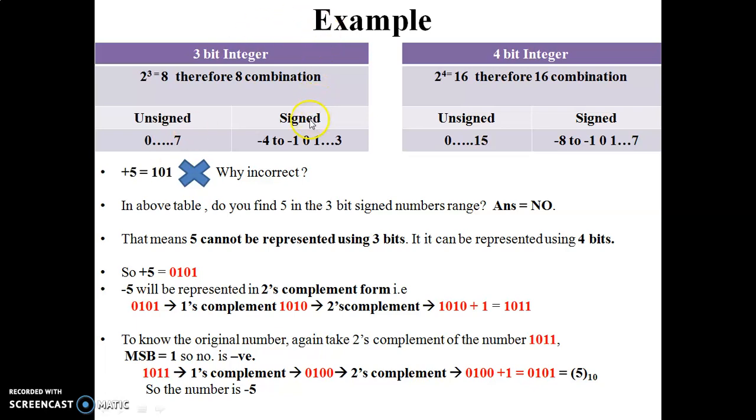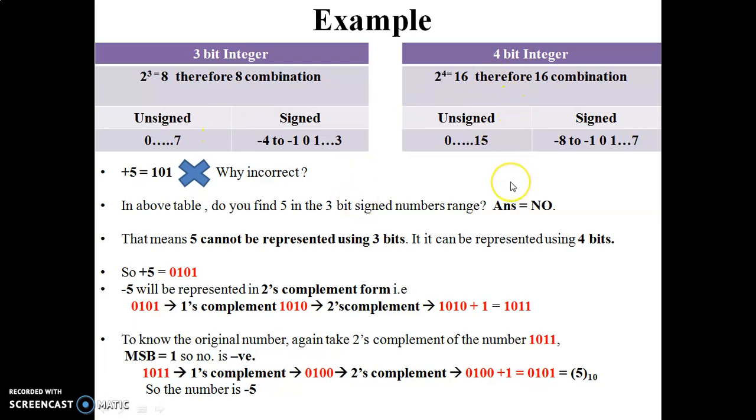Why? Because in the above table, in the signed numbers column, for 2 raised to 3, or a 3-bit integer, what are the positive values we are able to see? That is 0 to 3. And does this 5 fall under this 0 to 3 range? No, it does not fall under this range.